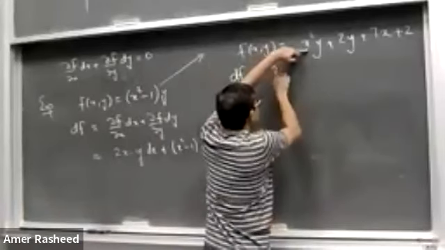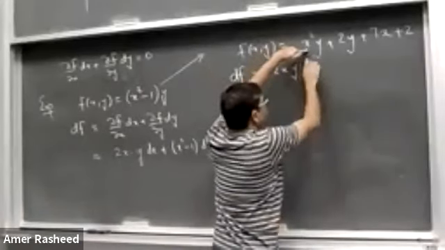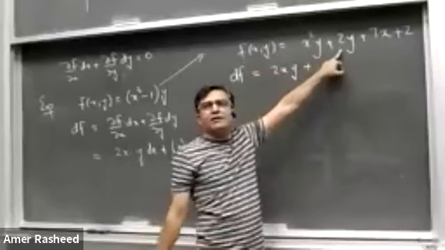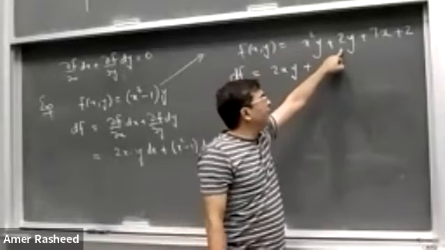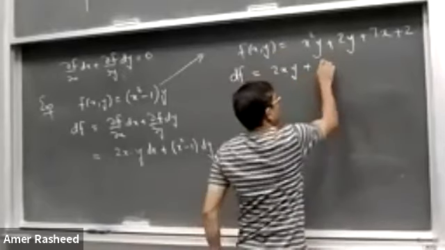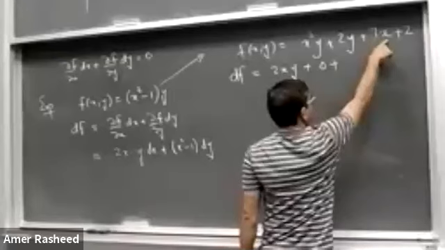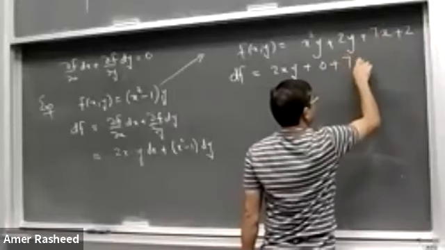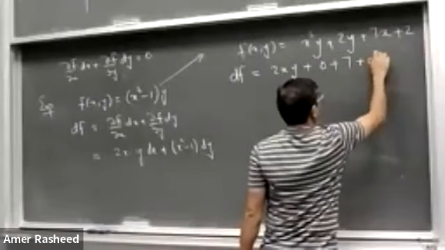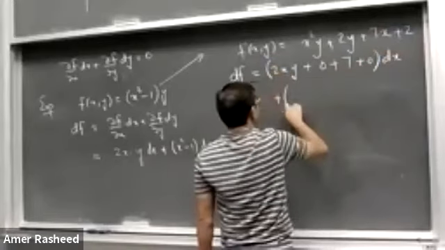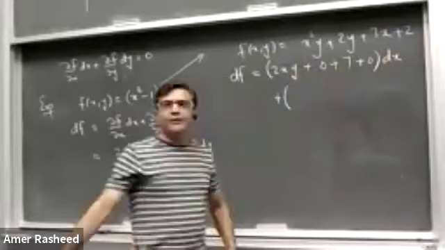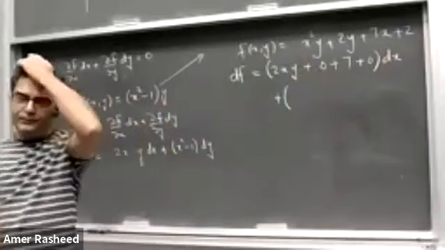Here it is 2x, y remains the same, plus here we don't have any x, so its derivative is 0, plus 7 times x gives 7, plus 2, which is 0 since 2 is a constant. So this times dx plus, now we take the derivative of that function with respect to y.